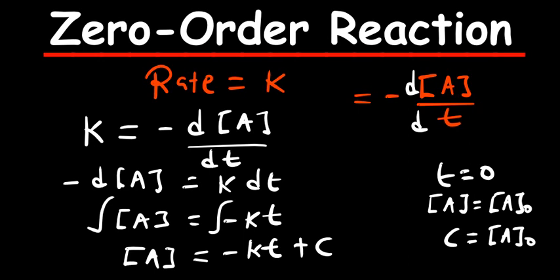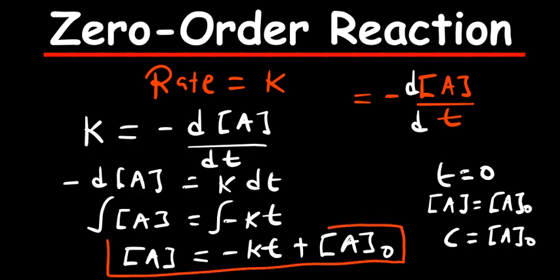Therefore where there is C, I'm going to put the initial concentration of A. This is the equation that you are supposed to master, or that you are supposed to know, on a zero order reaction. This will apply to all of them.